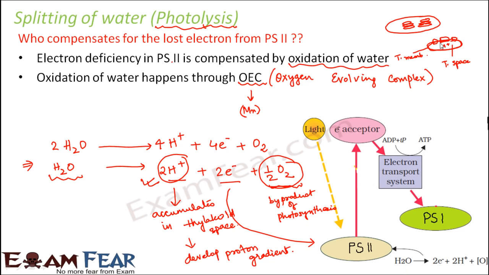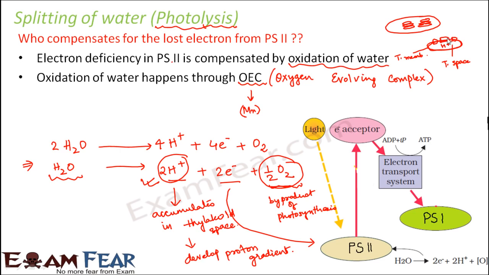Now how does the proton gradient develop? Due to water splitting, a lot of protons get accumulated in the thylakoid space. So the proton concentration increases here. Also, when the electron passes through this electron transport chain, when the electrons are transferred from one carrier to another carrier, protons are sent inside the thylakoid space from stroma. So that energy is utilized. Which energy was I talking about?